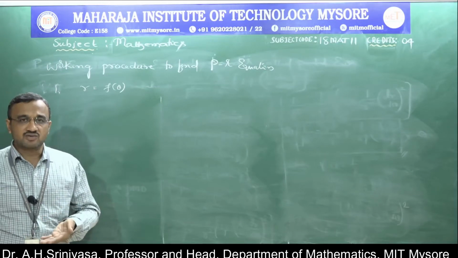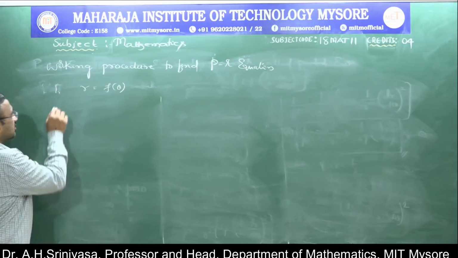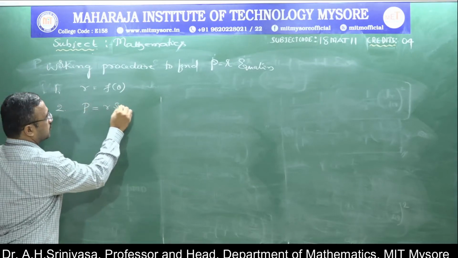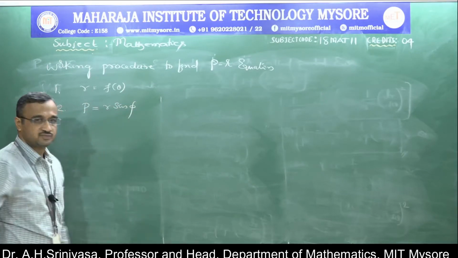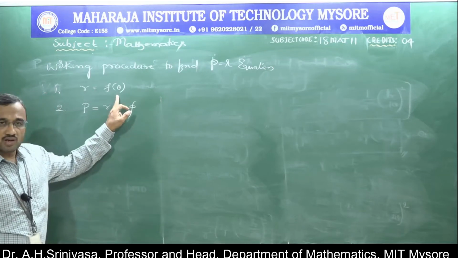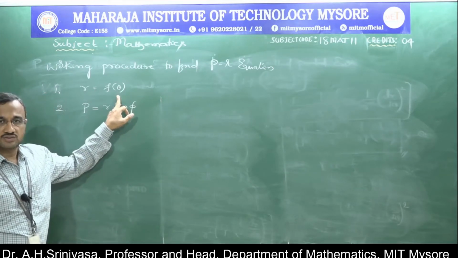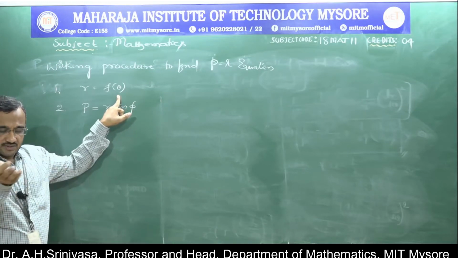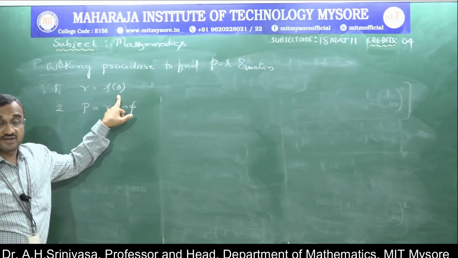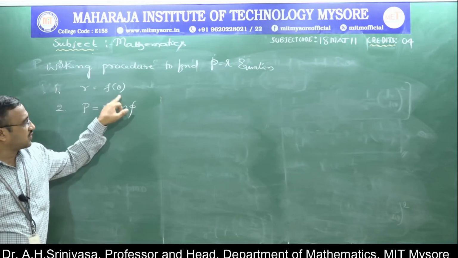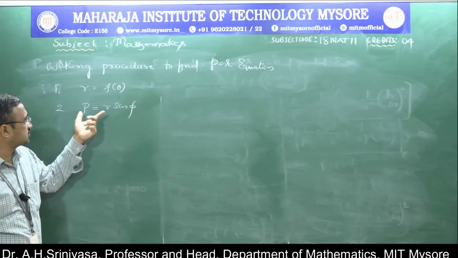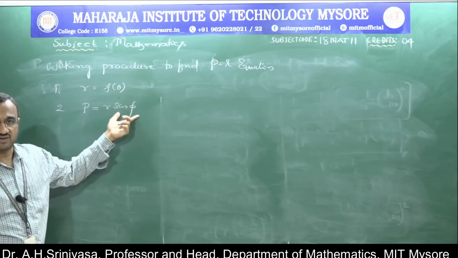So we have to find out the value of phi, using the angle between radius vector and the tangent. After obtaining the value of phi, substitute in the equation p equal to r sin phi.